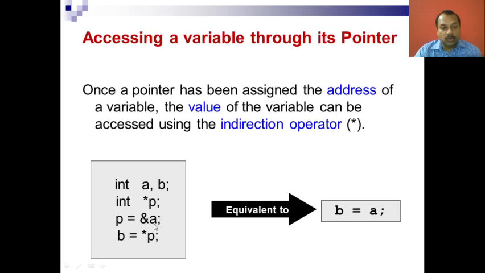So you go to this address, that is the location where the content of a is stored, and you assign that to b. And that's why star p indicates a, and since star p indicates a, this will evaluate to b equals a. So these two are equivalent.